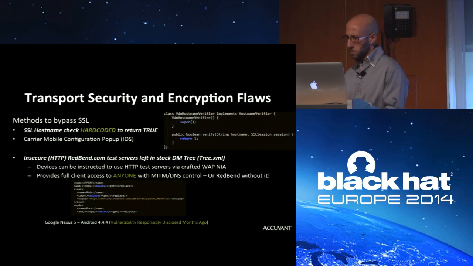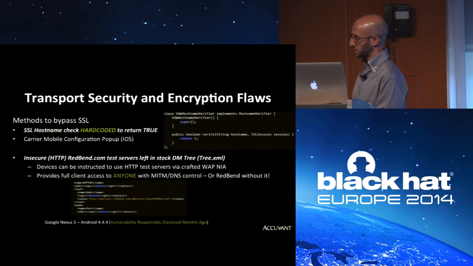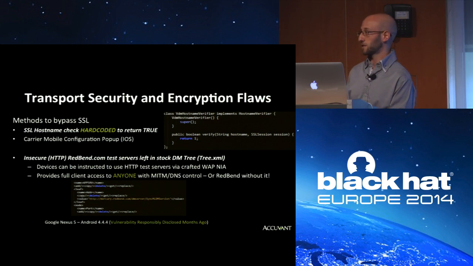Now, a little bit more worrying than even that is test servers left in the configuration on production devices. A large number of production devices have hard-coded HTTP test servers leading to redbend.com.